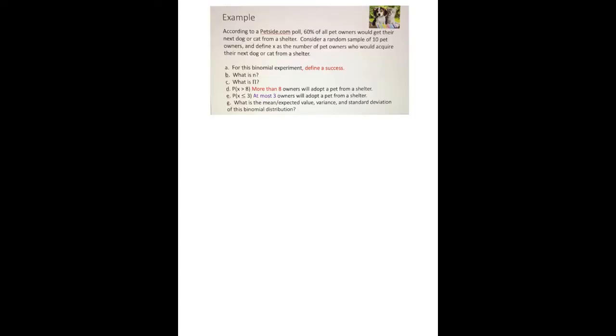Finally, the last part of the question is to find the mean of this distribution, and recall the mean is just n times pi. In this case, n is equal to 10, pi is 0.6, so we expect 6 people on average to adopt their next pet from a shelter.